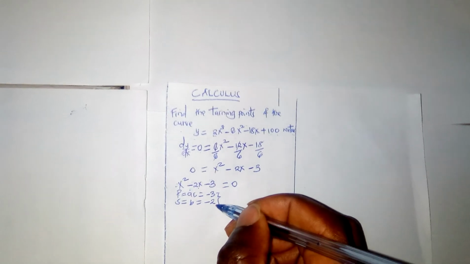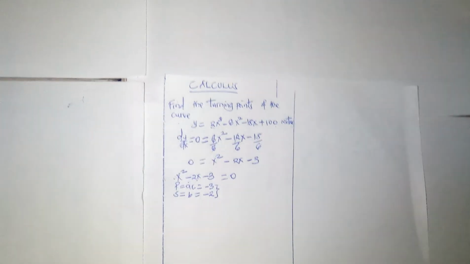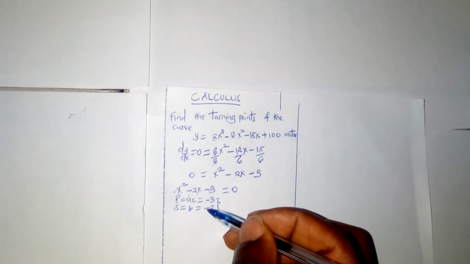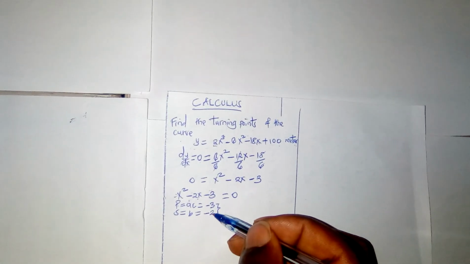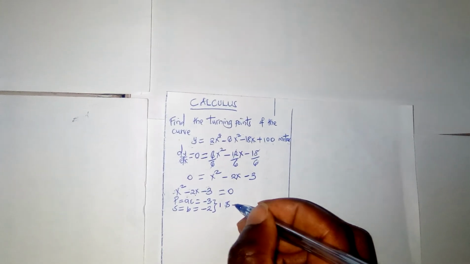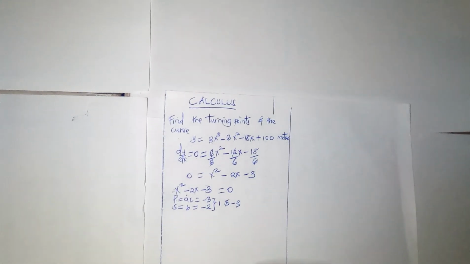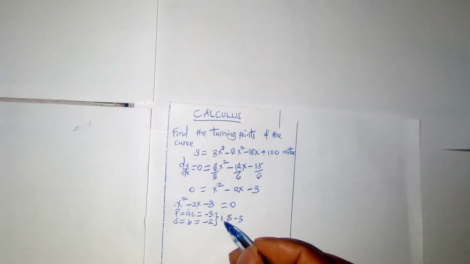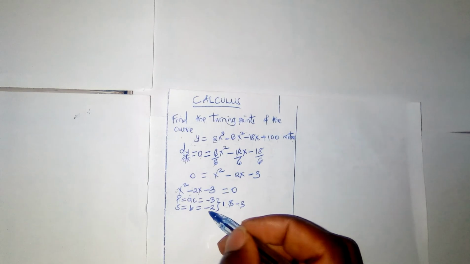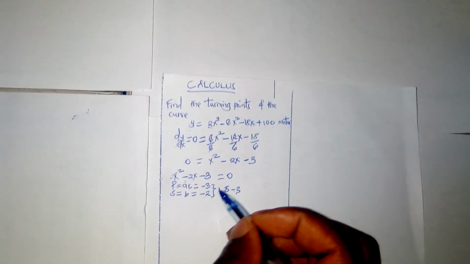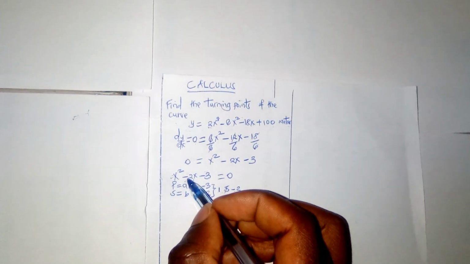After this, you are required to get the two numbers which, when you multiply, you get negative 3, but when you add them, you get negative 2. The numbers are 1 and negative 3. When I multiply 1 by negative 3, it is negative 3, and when I add them, it is negative 2. Therefore, I'll substitute these two values where B was.